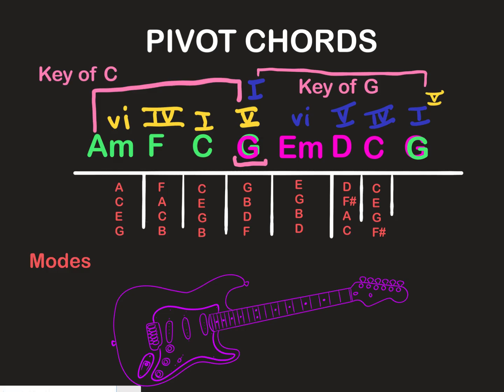G Ionian: G, B, D, F sharp, or Mixolydian.